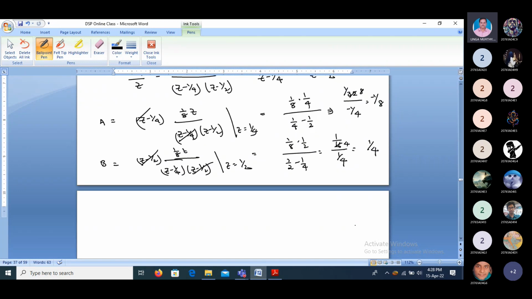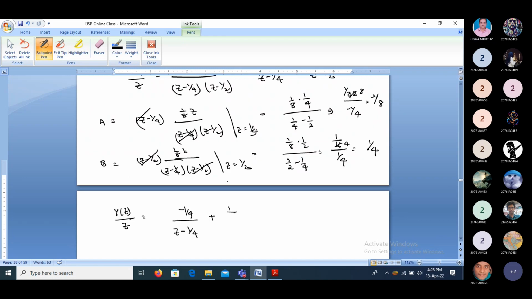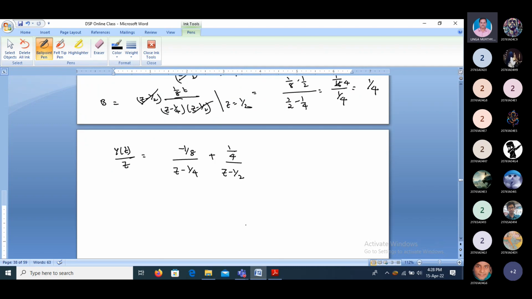So finally, Y(z)/z is equal to A/(z − 1/4) plus B/(z − 1/2), with A being −1/8 and B being 1/4. So from this, Y(z) is equal to −1/8 into z divided by (z − 1/4) plus 1/4 into z divided by (z − 1/2).